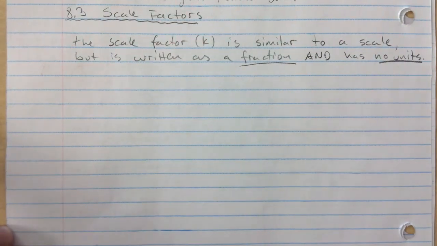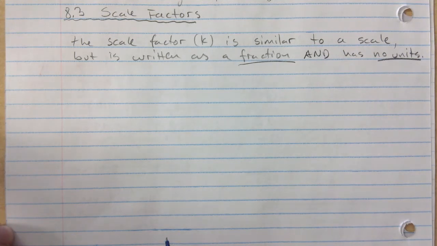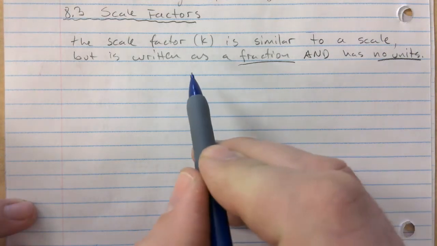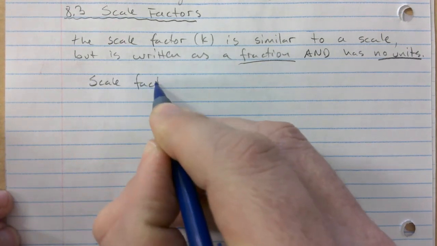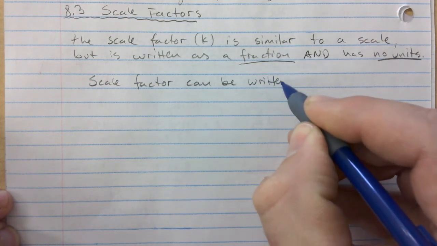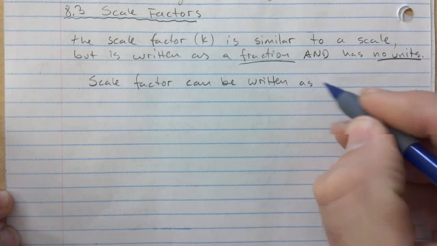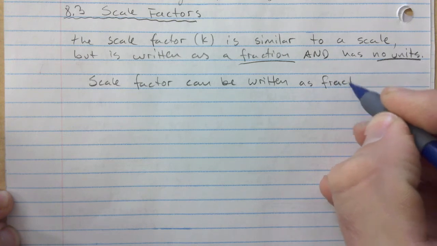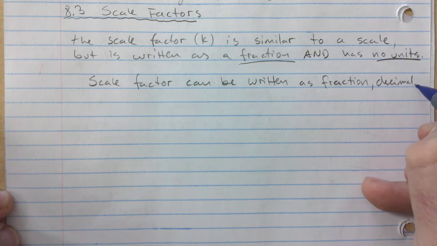So we can convert from a scale, which you've been working with, right, which we talked about yesterday, and you can convert that to a scale factor, okay? And obviously a scale factor can be written as a fraction, decimal, or percent.